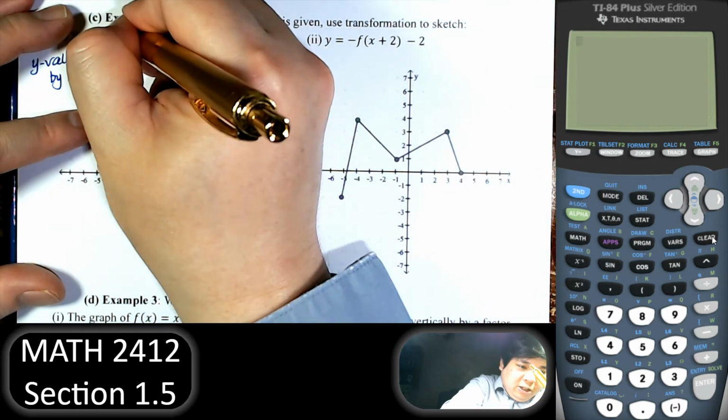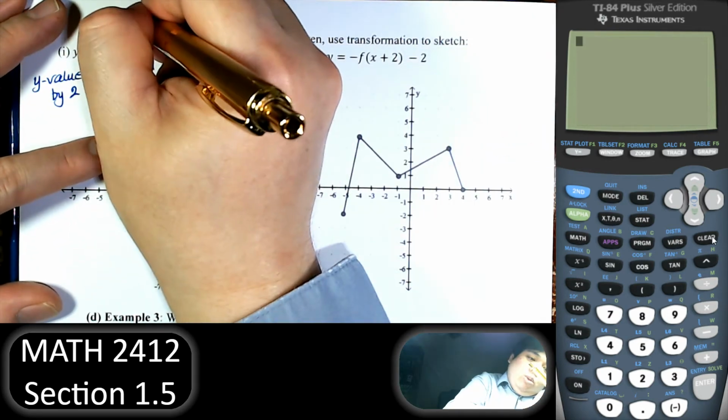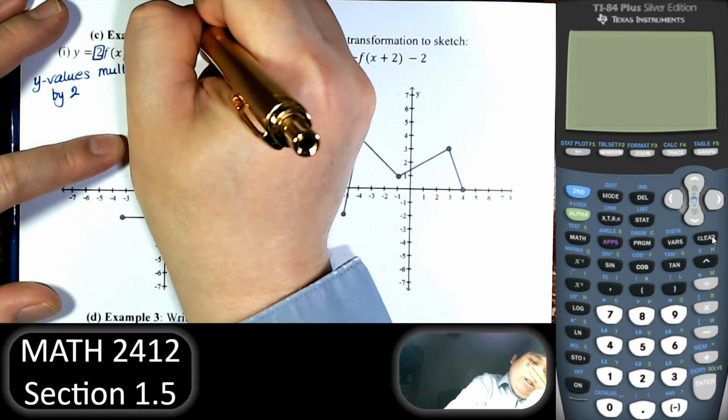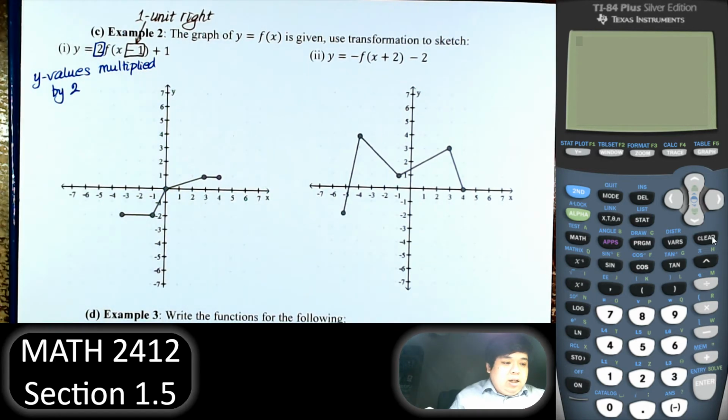Minus 1 means 1 unit to the right, and then plus 1 will be 1 unit up.